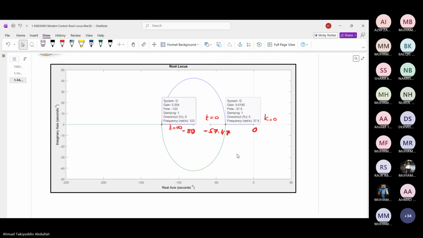No, sir. Okay. So if we are going to have the plot up to k equal to infinity, it will look like just a straight horizontal line.